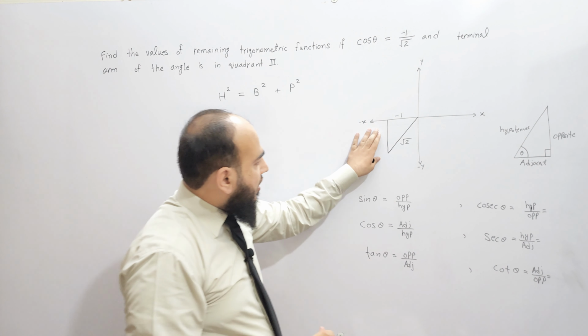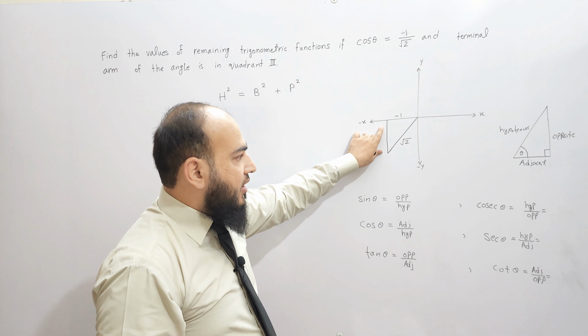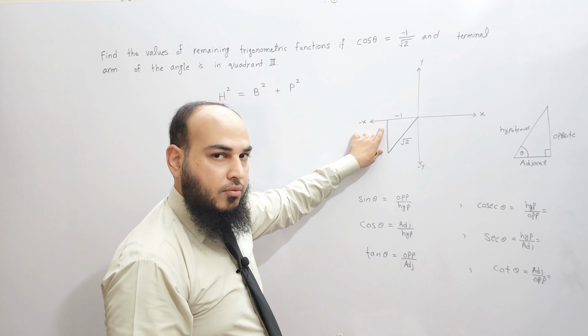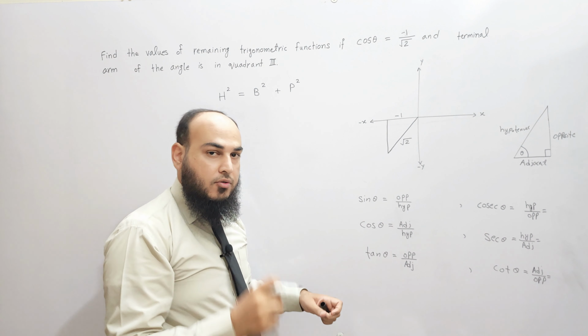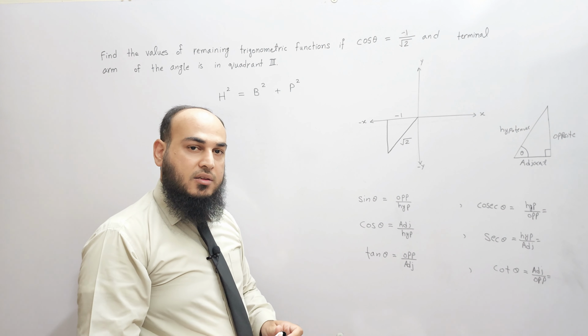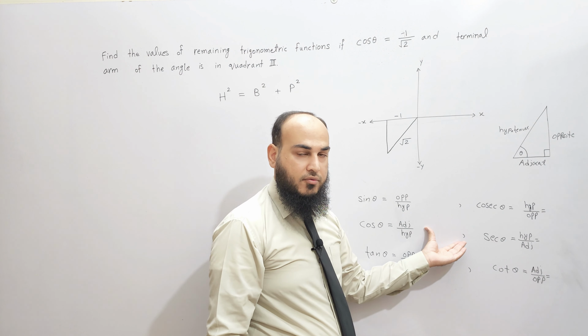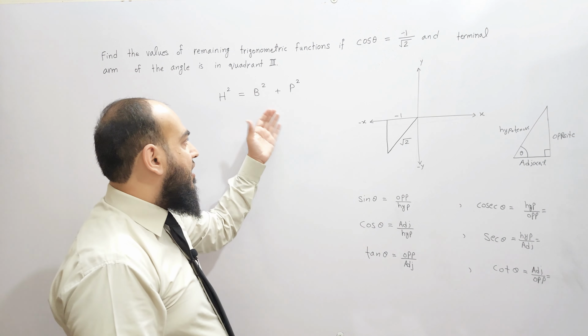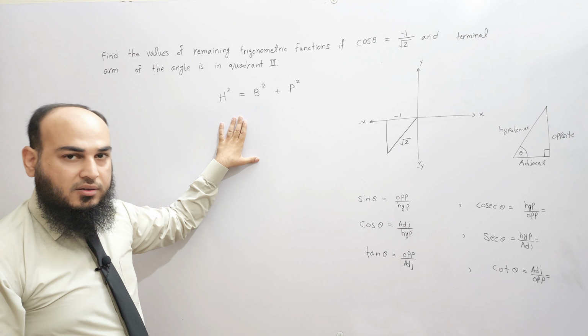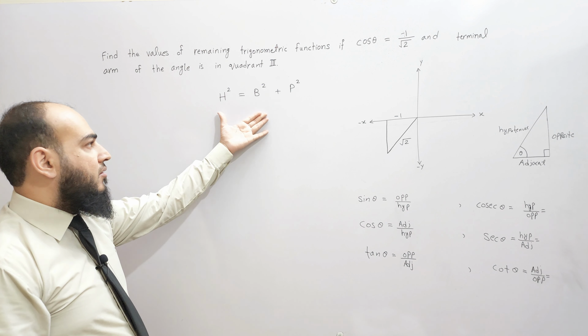Okay, now this side is unknown. First of all, we have to find this unknown side, then we can easily find all the remaining trigonometric function values. For that purpose we have to apply the Pythagoras theorem. Here is Pythagoras theorem.